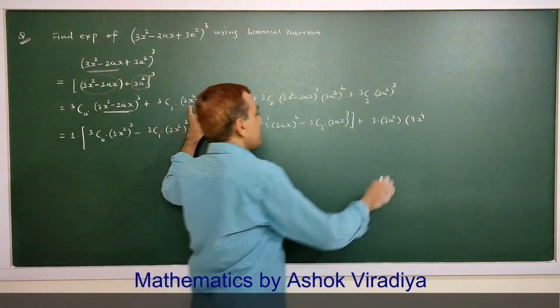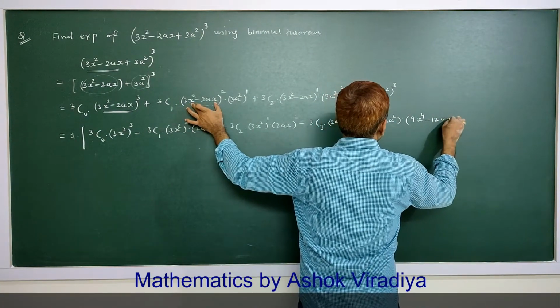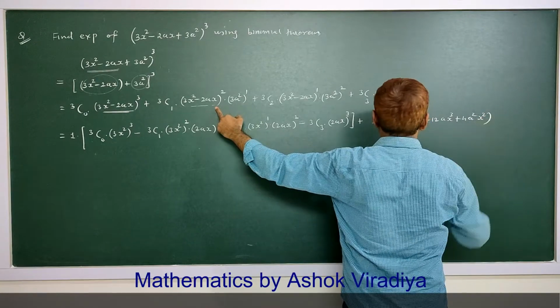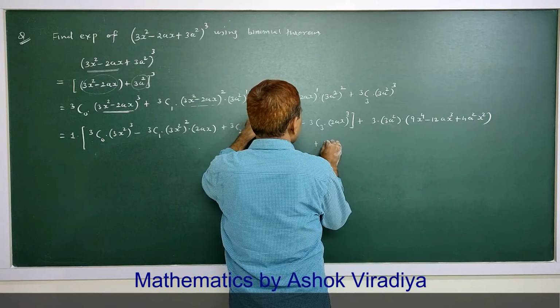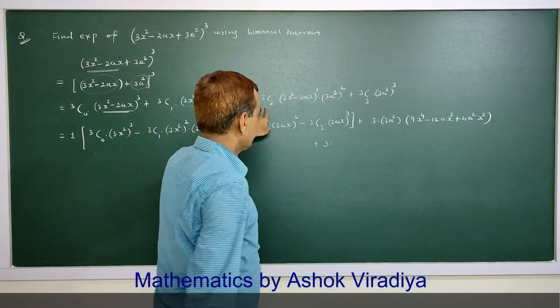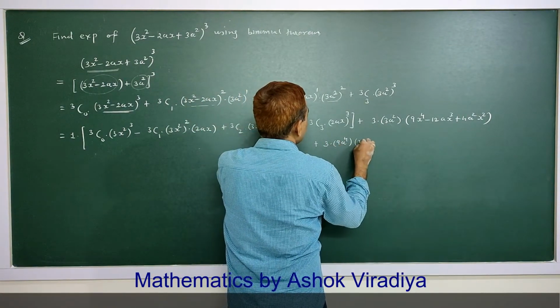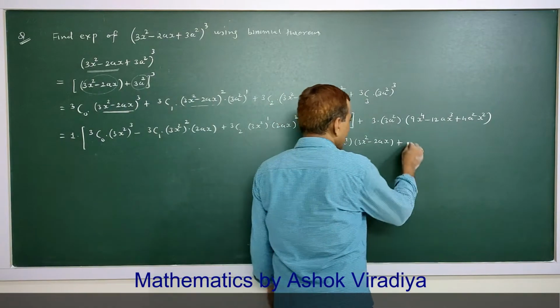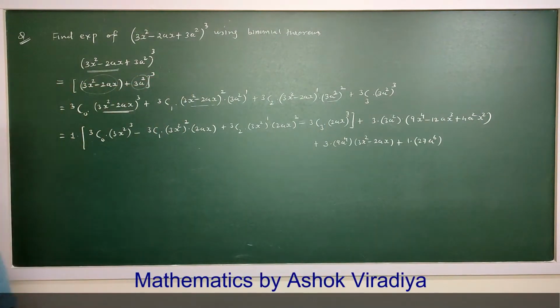The middle term will be minus 12ax cube. The last term is 4a square x square, plus 3C2 is 3C1, 3C1 is 3, into 9a raised to 4 into (3x square minus 2ax), plus 3C3 is 1, 27a raised to 6. So that is, 1 into anything is 1.